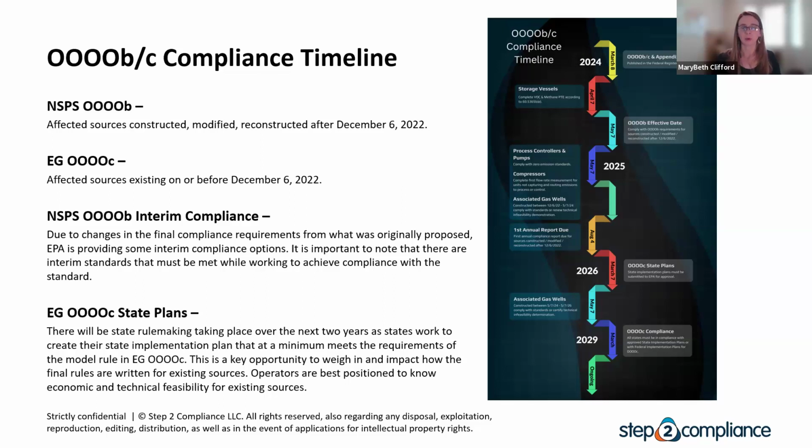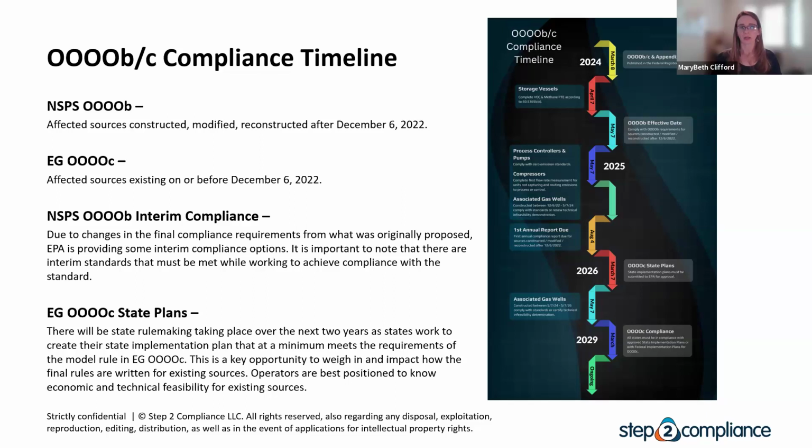Under NSPS Quad O B, because they're publishing final language that's very different in some regards from the original proposed rule text, they have implemented some interim compliance periods for some of those things where they realize that they've made such drastic changes that expecting compliance within 60 days of publication is not realistic.